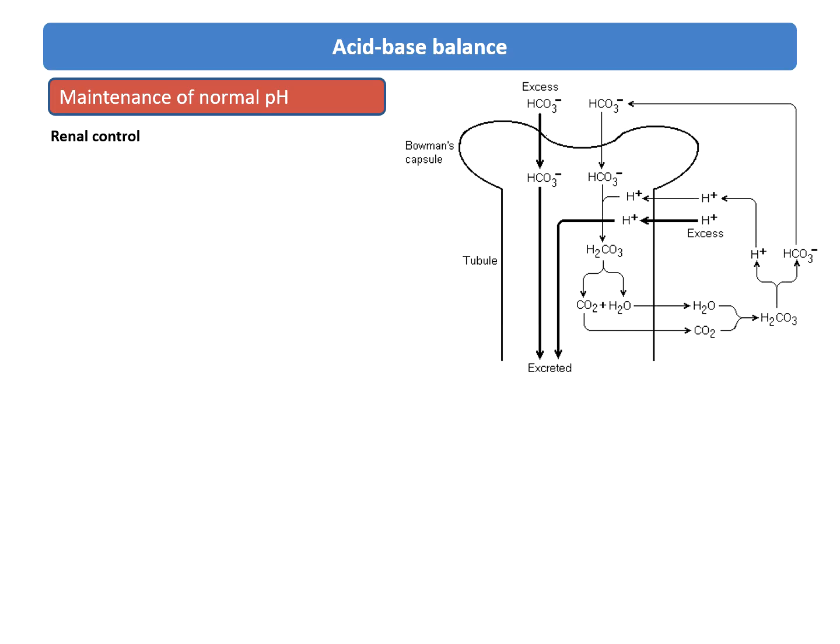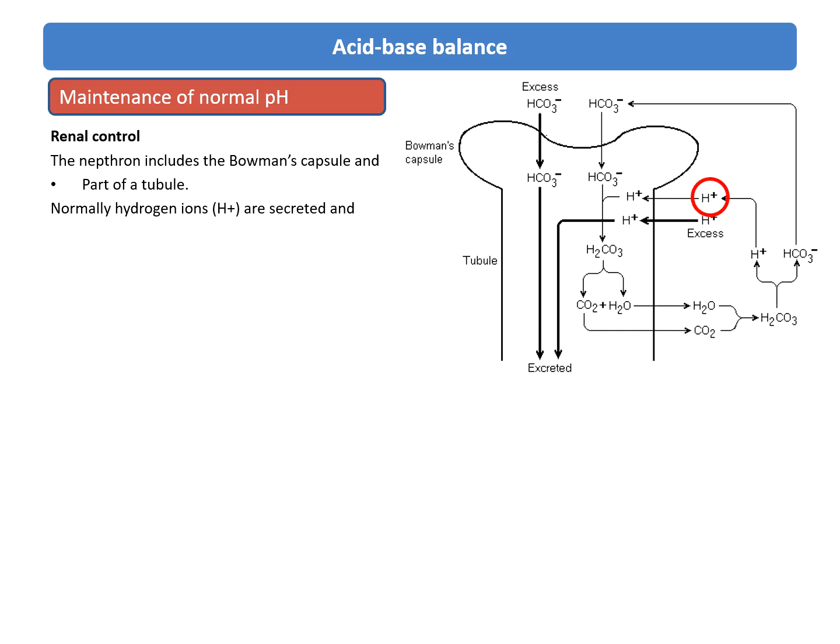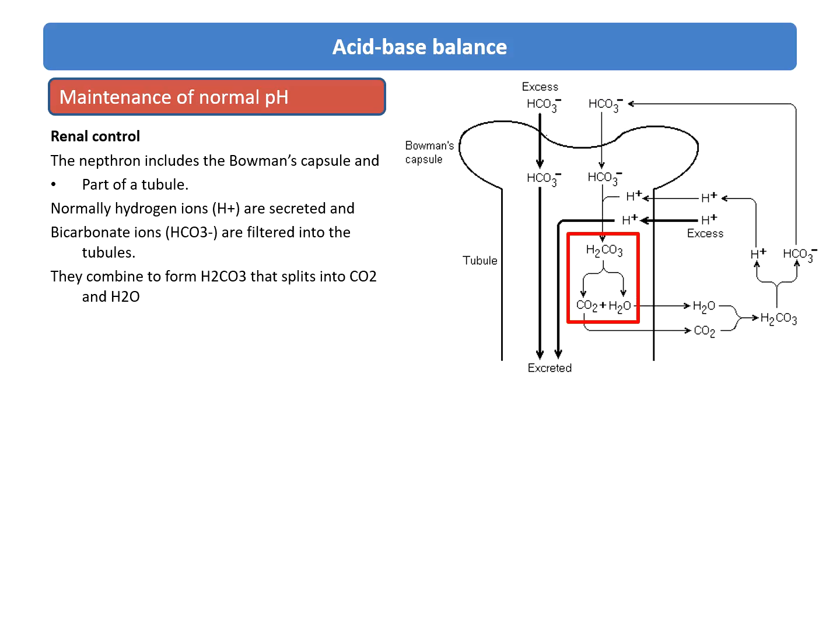What about renal control? Well, here's a view of part of a nephron. That top part is the Bowman's capsule, and the rest of it consists of the tubules. Normally, hydrogen ions are secreted into the tubules, and bicarbonate ions are filtered into the tubules.